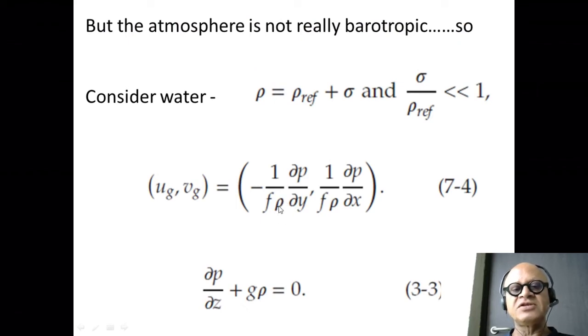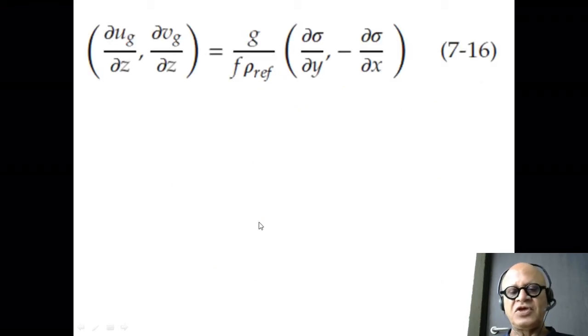So if you replace rho in the denominator by just rho ref and go to this equation and write g (rho ref plus sigma), and when you do dp/dz you're going to replace d sigma/dz from here.